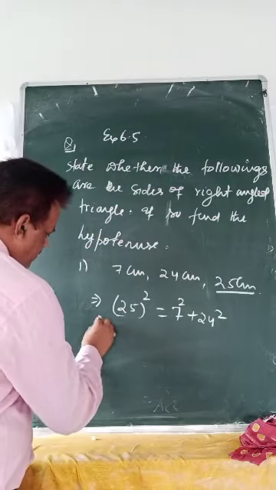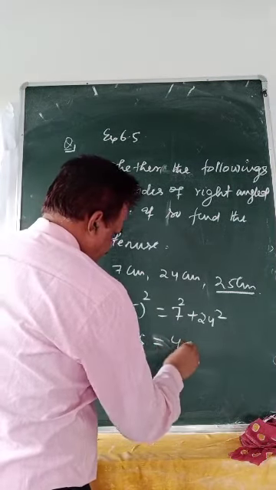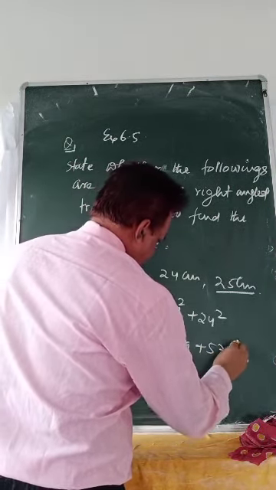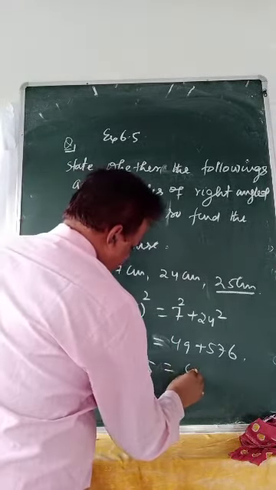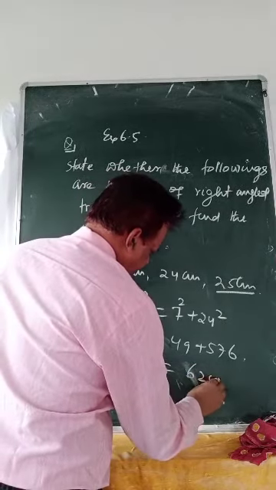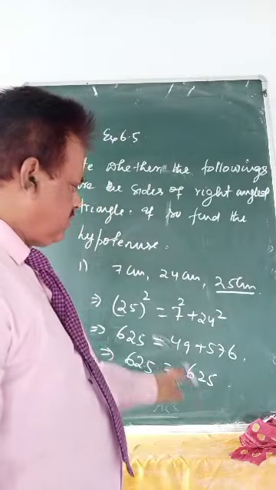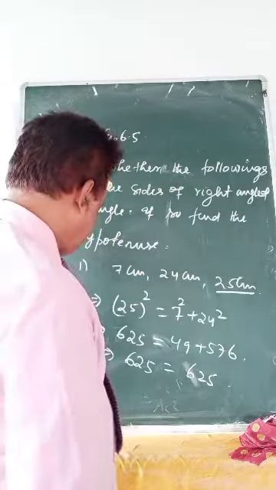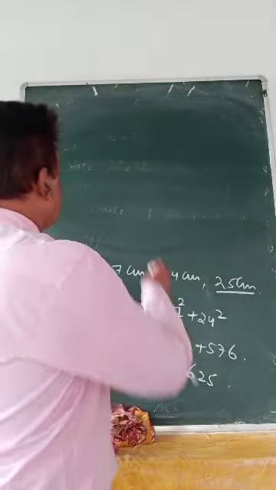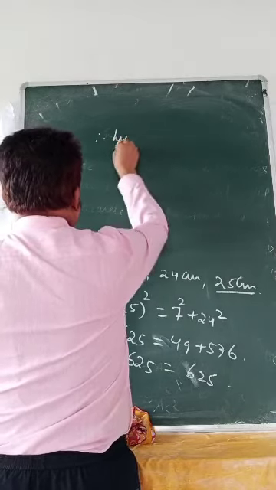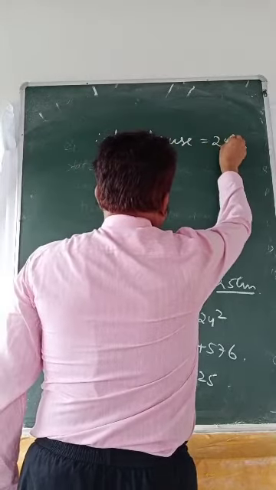So 25 square is 625, 49 plus 576 is 625. This is also 625. So these are the sides of a right angled triangle. Hypotenuse means longest side. The hypotenuse is 25 centimeter.